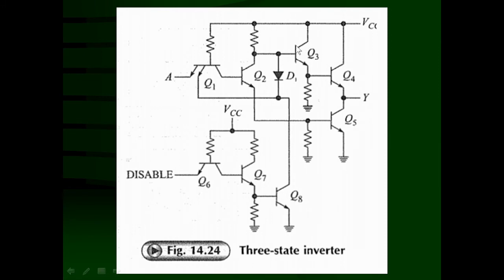That's why, with this clamping action of the diode, transistor Q3 is cut off. It is not active, and hence the potential here is also going to be less, and hence this transistor is also disconnected, or it is also off.